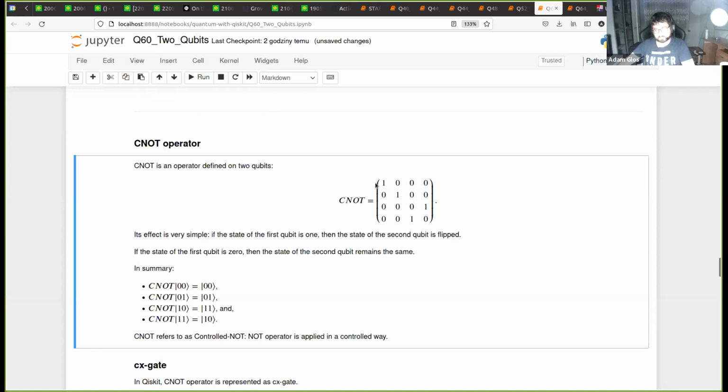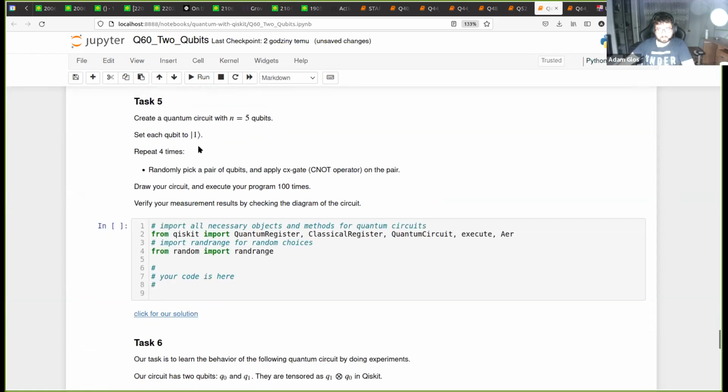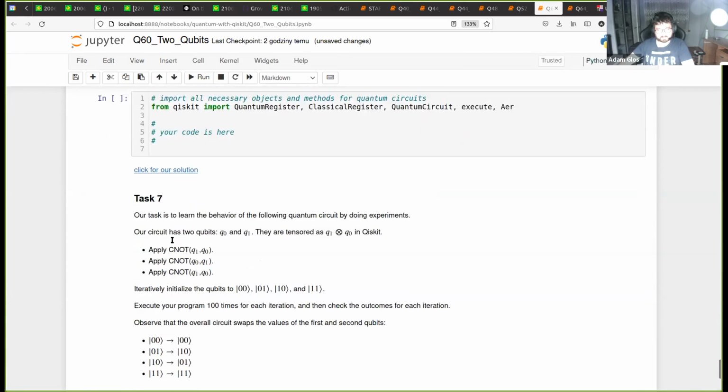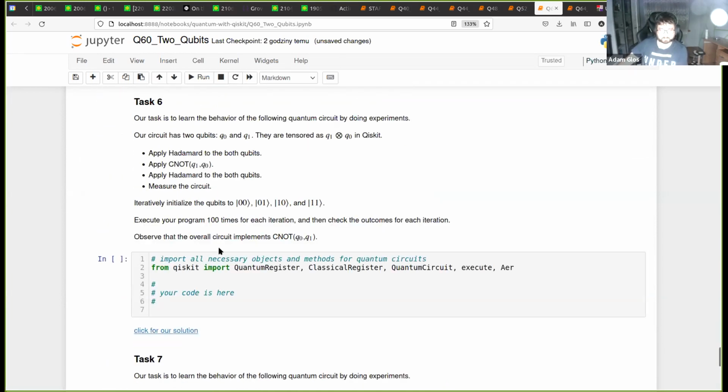This always happens when these gates consist only of zeros and ones in their matrix representation. And there are 2 very interesting circuits provided by task 6 and task 7, which show that by very specific local quantum gates, like here it's Hadamard, you can swap the direction of how CNOT acts, like from the second to first will be from the first to second.